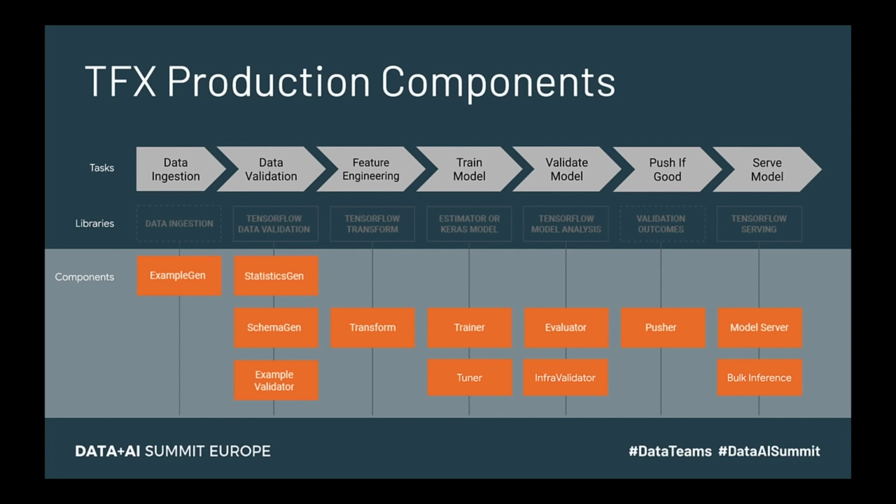In the middle are libraries, and those libraries are also open sourced, and they're available to use separately. So if you just want to use a particular piece for something that you're working on, you don't have to use all of TFX. In the orange, there are TFX components that make up a pipeline.